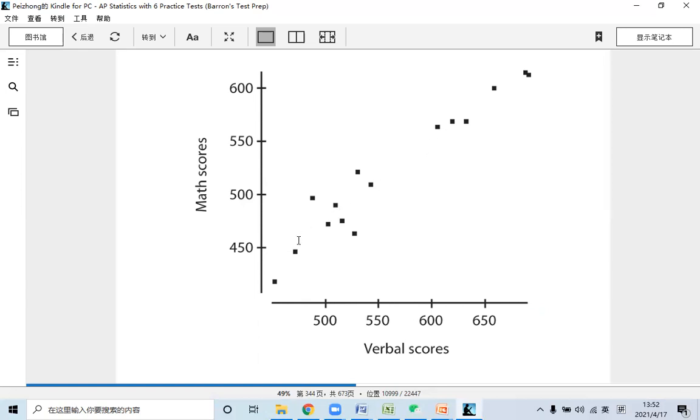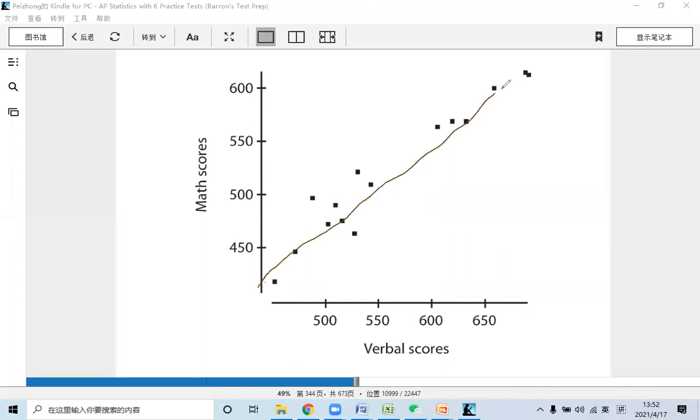A regression line has a slope. So if you want to draw the regression line, see if I can draw the regression line here. The regression line would be somewhere, it's not precise, but probably good enough. The regression line would have a slope.